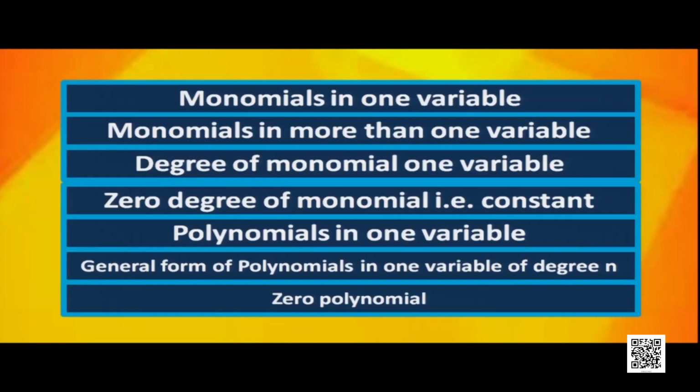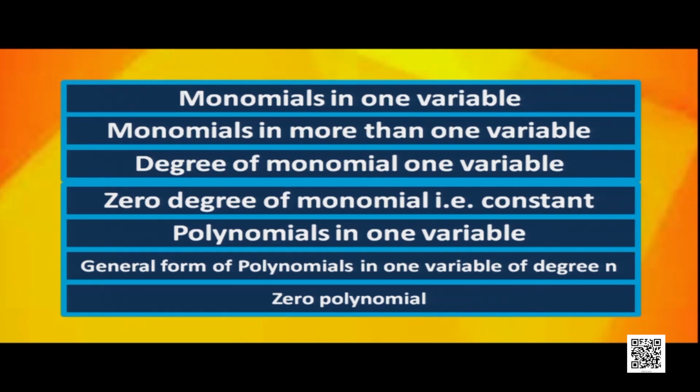Today we discussed monomials in one variable and monomials in more than one variable. Degree of a monomial of one variable; the degree of a constant monomial is 0. Constants are monomials of degree 0. Polynomials in one variable: poly means many and nomial means terms.